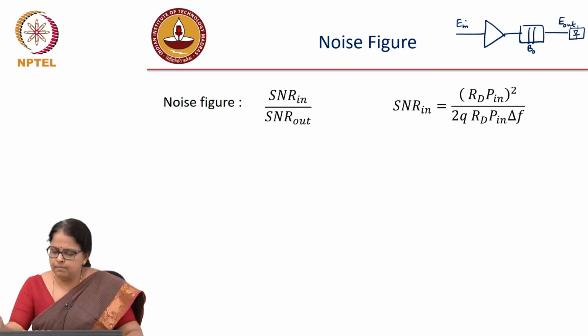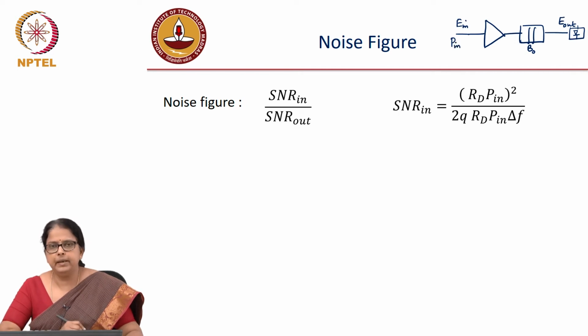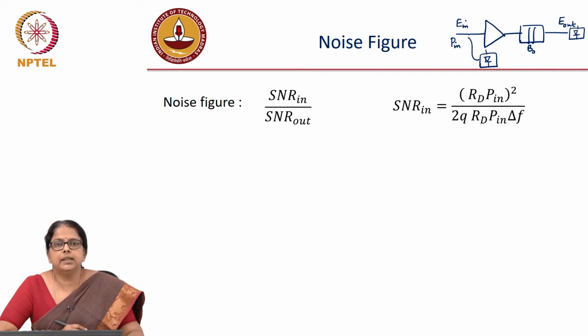Now the input SNR is given by, let us say you have a field E in corresponding to a power P in, and let us say you are putting the detector at the input of your EDFA. So the current is RD times P in, and SNR is signal power divided by noise power.